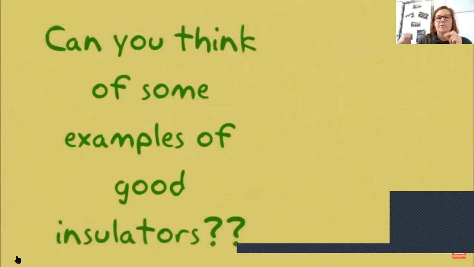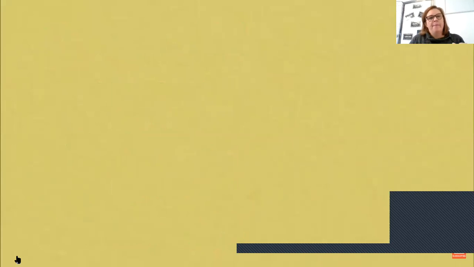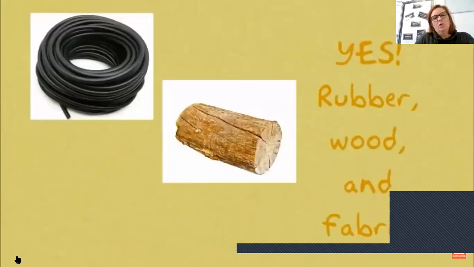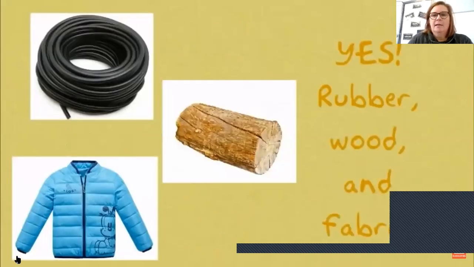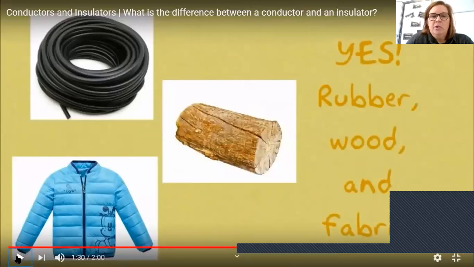Are you guys snapping your fingers? I am. Rubber, wood, fabric. This brings up an interesting point. When you were getting ready in that visual of going on your snowshoe adventure, what did you put on when we go outside? If we want to insulate ourselves and keep our body heat with us and not let all the body heat out, what are some things that you do for yourself?